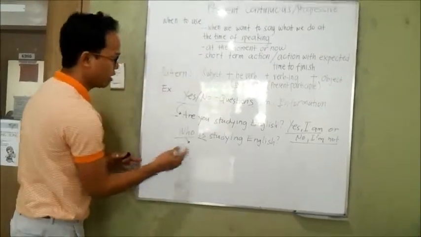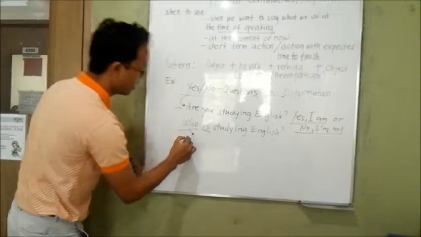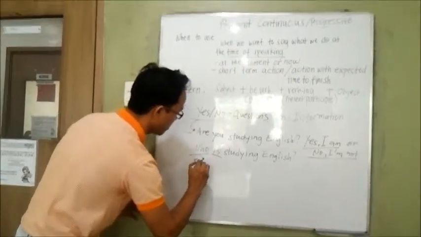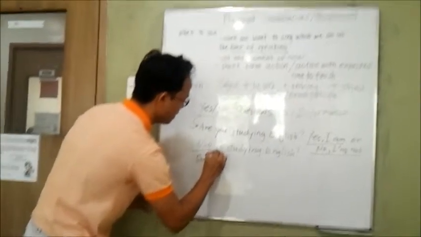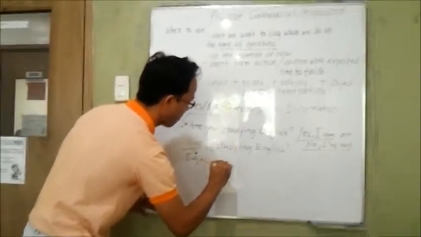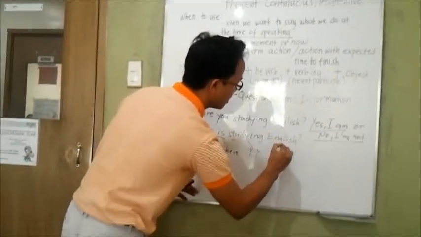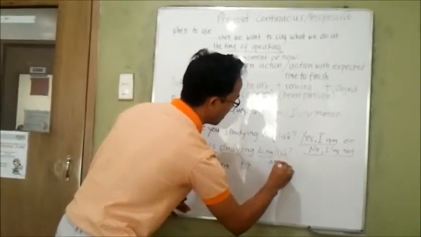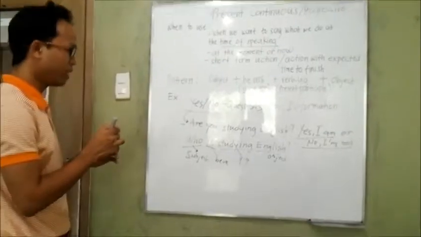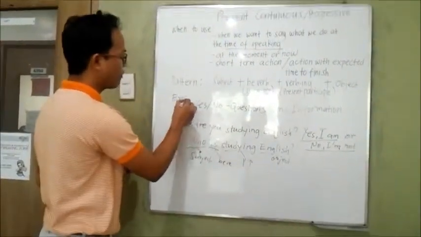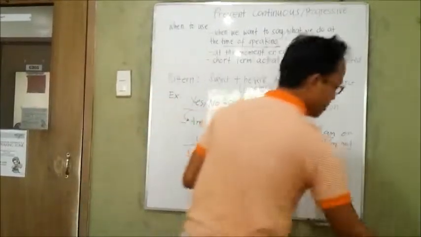In this sentence, who is the subject, then the be verb, and then the present participle, and then your object. In making questions, you have to follow the pattern.